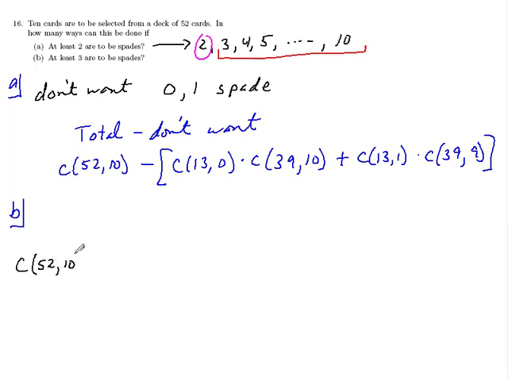52 choose 10 is the total. Now what I don't want is 0, 1, or 2 spades. 13 choose 0 times 39 choose 10. There's 0 spades.